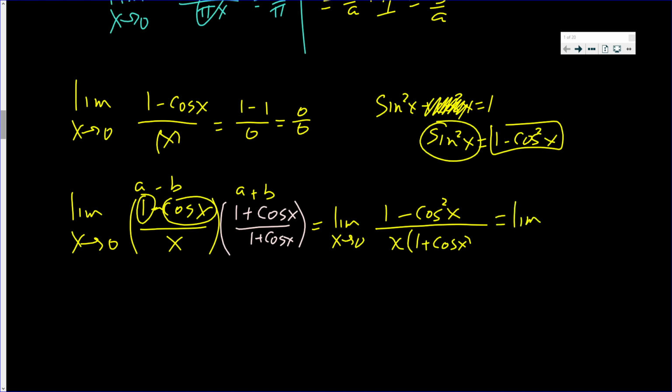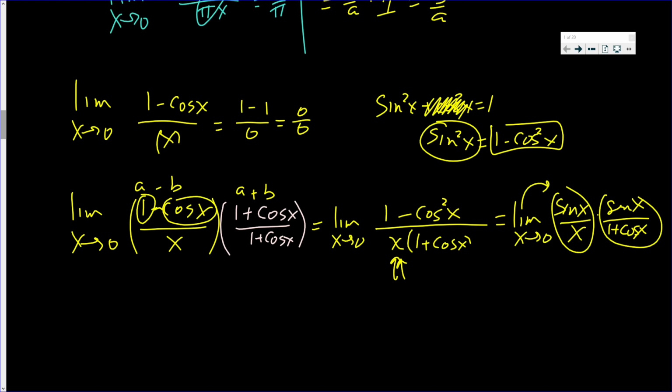So this is the limit as x goes to 0 of sine squared x, but above that x I'm going to put sine x, and then I have another sine x that gets divided by 1 plus cosine x. I'm going to save that because I know that limit. This is just great.